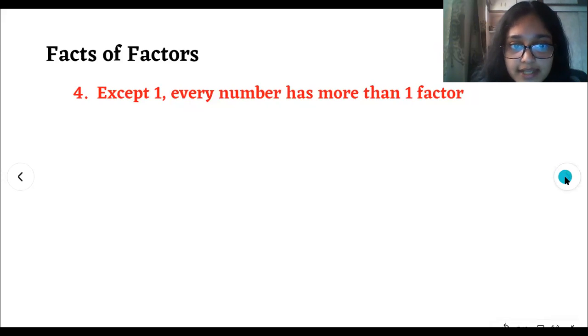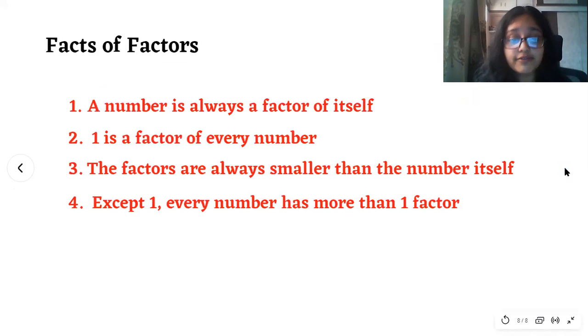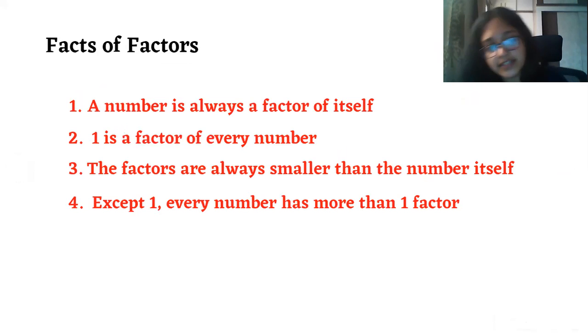Quickly, I'm going to summarize all the facts of factors that we learned today. A number is always a factor of itself. A number is always its own friend, its own factor. Next, 1 is a factor of every number. 1 is everyone's friend, everyone's factor.